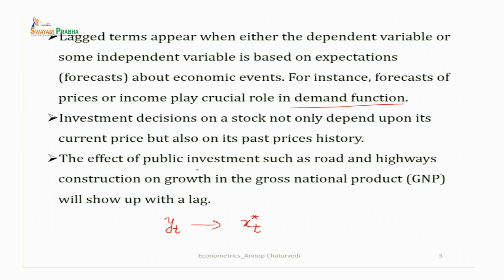Then the effect of public investment such as road and highways construction on growth in the gross national product GNP will show up with a lag.